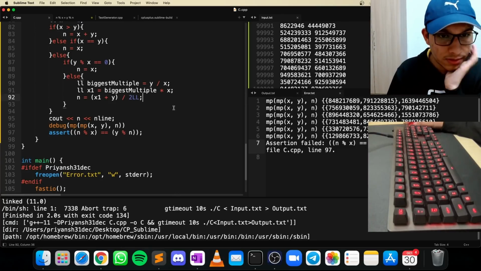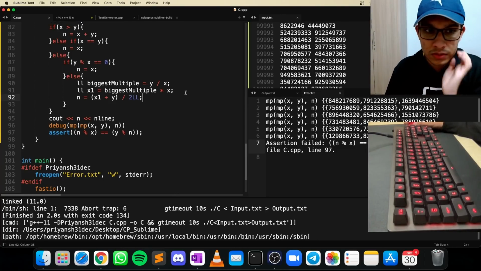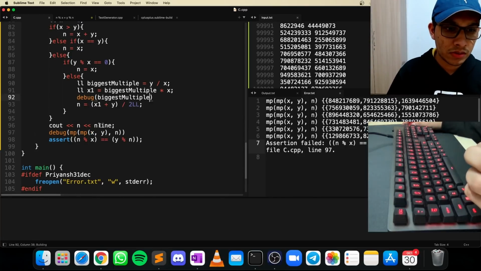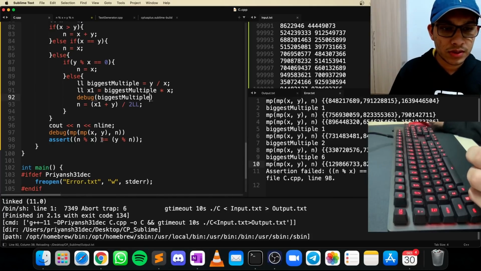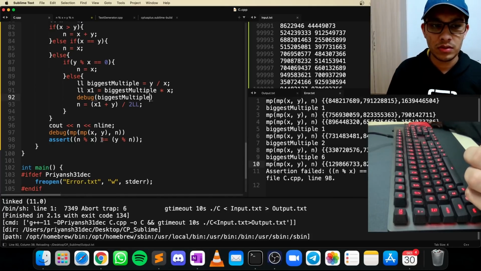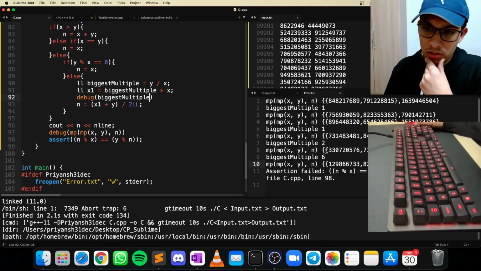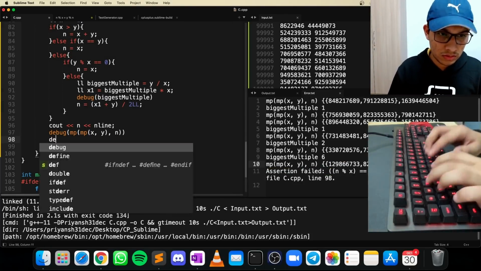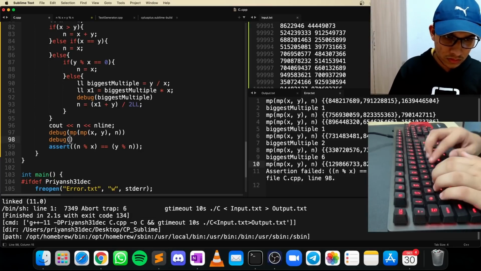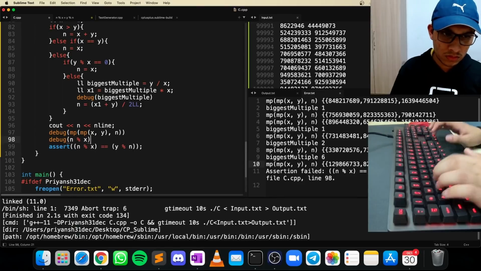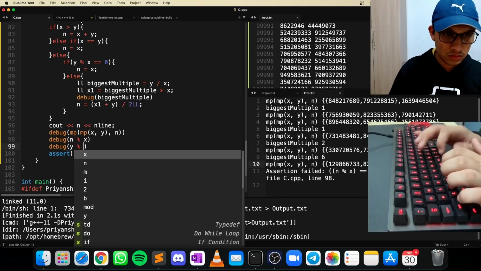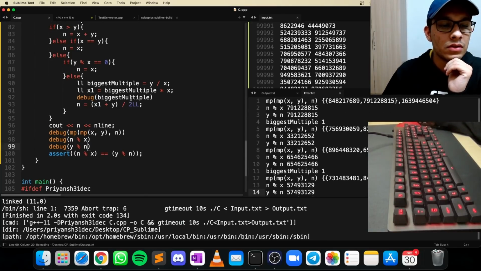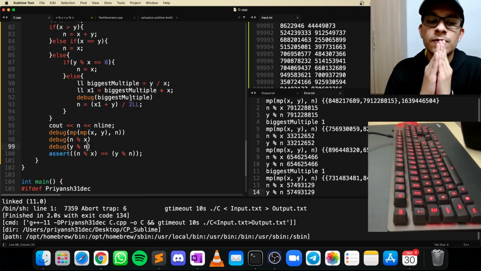I don't understand what the case is here. n modulo x equals y modulo n. Why does this not work? So I have this, right? n is equal to this. Oh, okay.